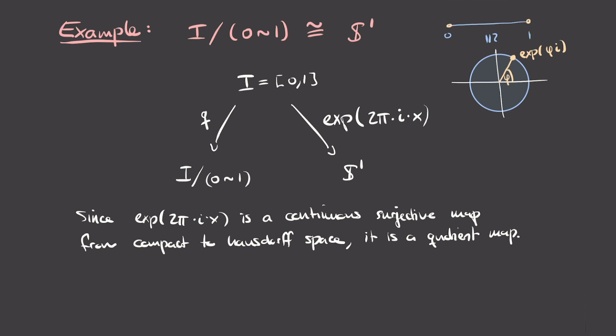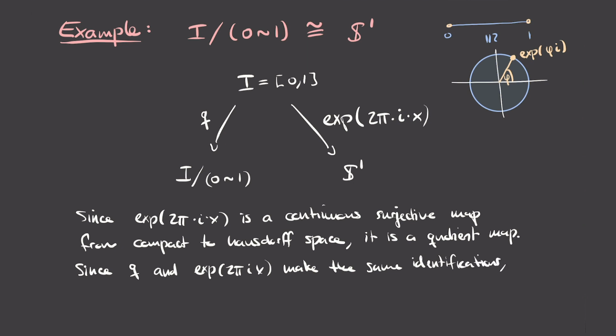And now, as I argued in the first part, Q and this exponential map make the same identifications, namely they only identify the endpoints of the interval. So since Q and exp(2 pi i x) make the same identifications, it now follows that their respective quotients are homeomorphic to one another. So we know that now this I, where we identify the endpoints, is homeomorphic to S1, using this consequence of the universal property of quotient spaces.